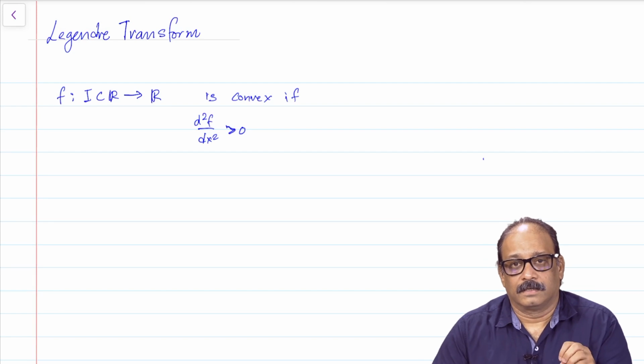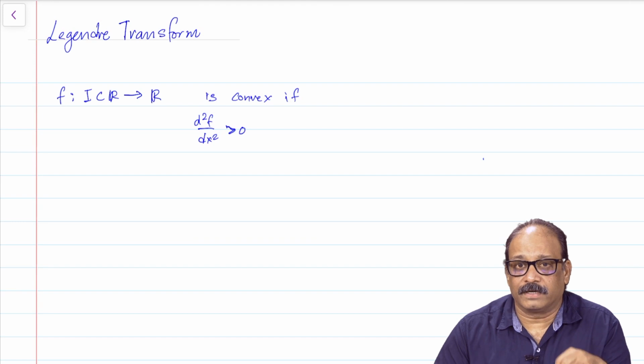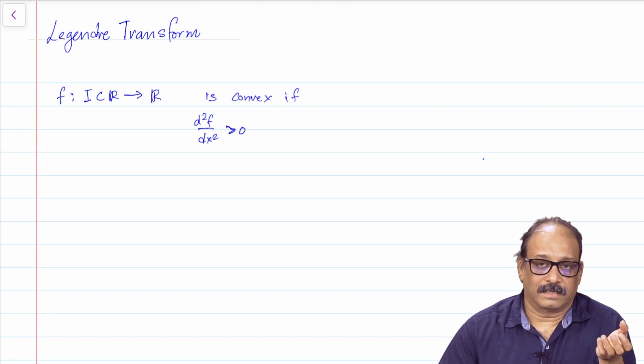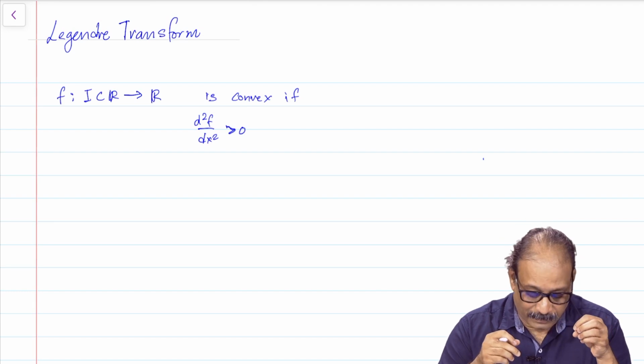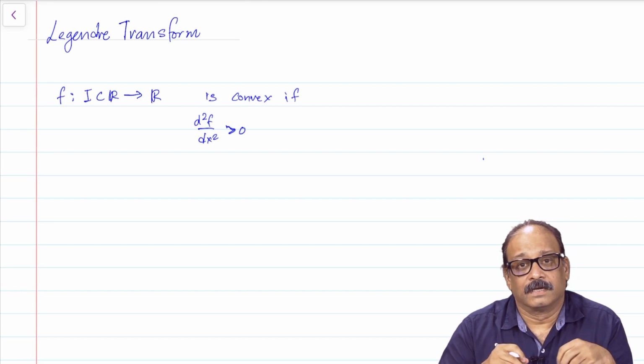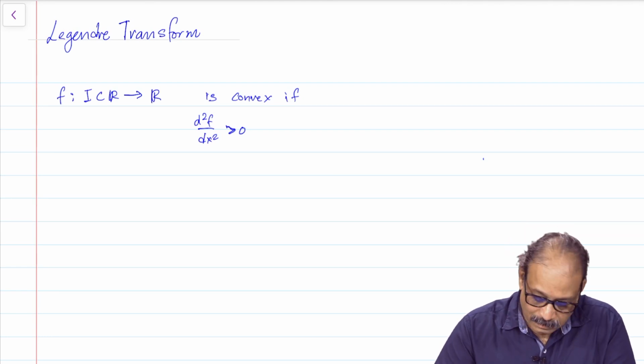In some books you will find strictly convex, which means the second derivative is strictly greater than 0, or in some books it is just called convex and is defined as when the second derivative is greater than or equal to 0. What is the idea of this?